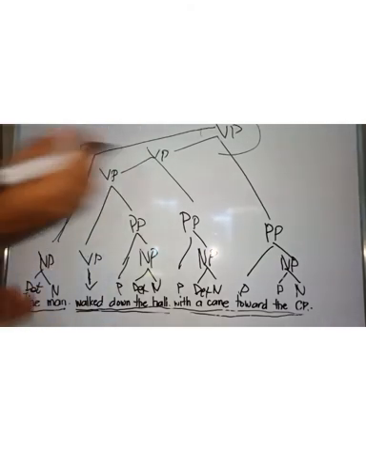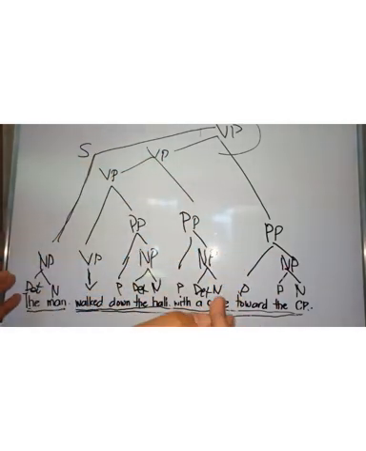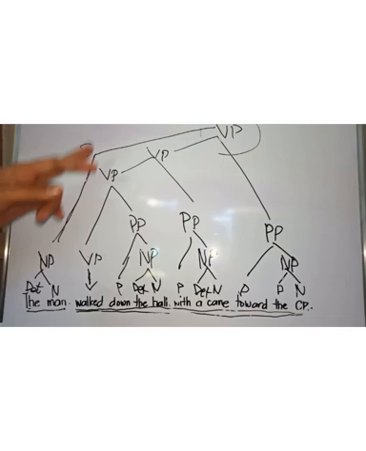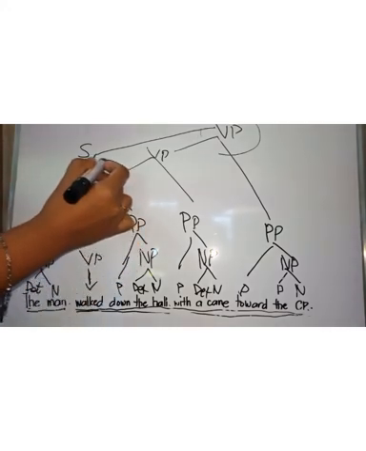So you are now looking at a sentence that is added with a repeating structure, which is the verb phrase, a verb phrase and a prepositional phrase. So that's it. So you are now seeing how a recursive rule can be applied in sentences. So what's your first rule number 5? It's here.